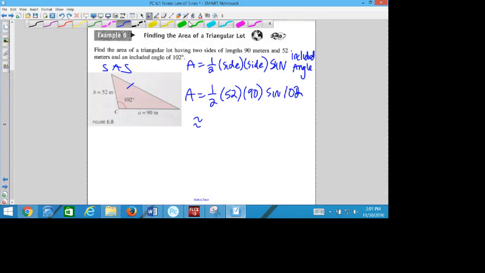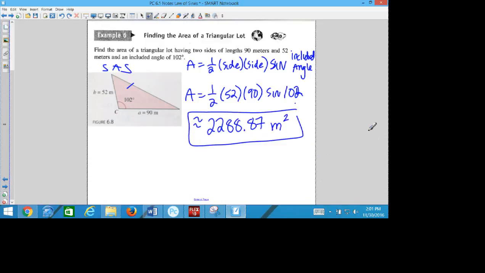Michael? Do you want an answer? Sure. 2,288.87. Remember, area is squared, so when you write your units, meters squared for area. Told you, delightful, right? That's it.